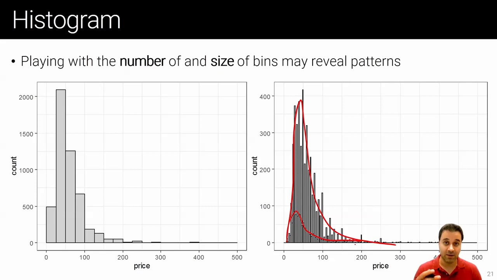So something like 25 euros or 30 or 35 or 40 or 45, but not in between. So it's very unusual to have a listing with a price of 47 euros. They go for either 45 or 50. And we see this over here in this shape. So it's a nice idea to play around a little bit because just by doing that, you might be able to get some new insight into the data just by looking at the plot.